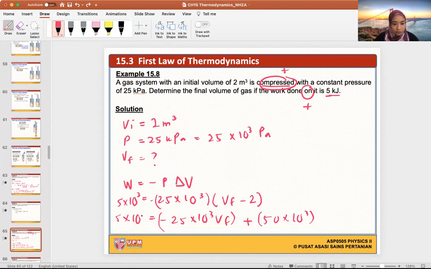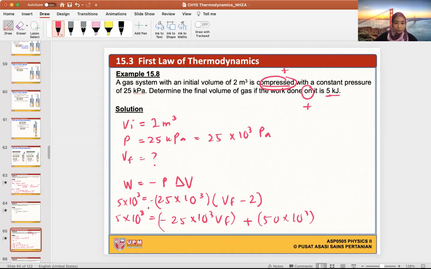5 times 10 to the 3, minus 50 times 10 to the 3, divided by 25 times 10 to the 3.